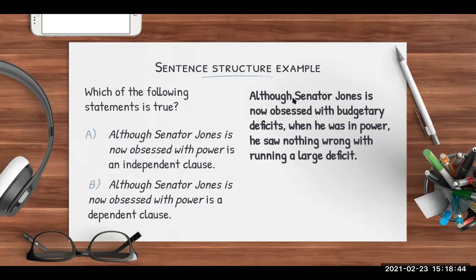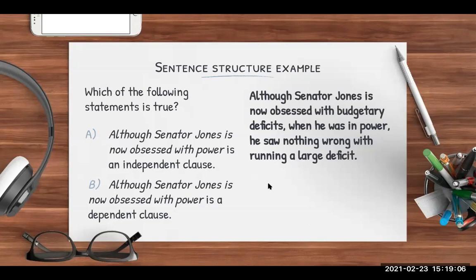We have this hanging "although," but it doesn't seem to compare to anything. So that will indicate to us that that is a dependent clause. Whereas the other part of the sentence, "when he was in power, he saw nothing wrong with running a large deficit," does stand on its own and does make sense by itself, in which case it is an independent clause.